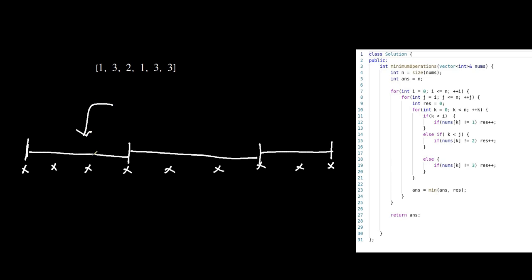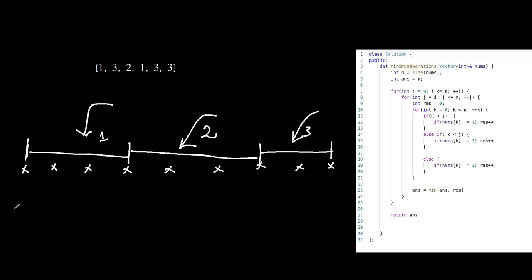We need to make all the elements in the first part equal to 1, all the elements in the second part equal to 2, and in the third part all the elements equal to 3. So this is the target.